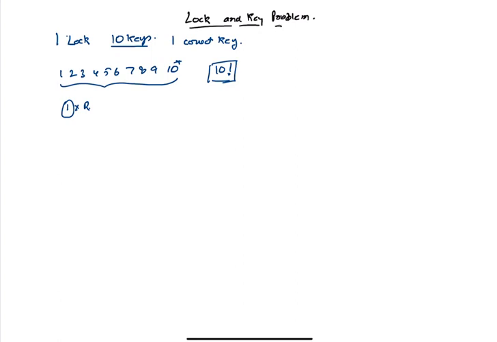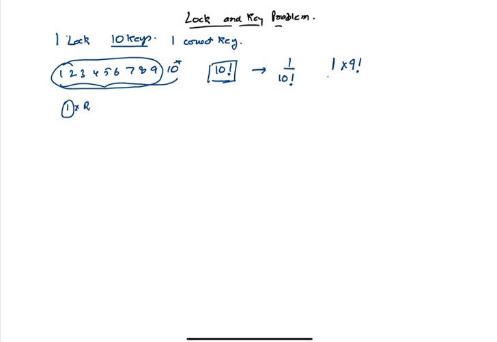So what is the probability of one particular arrangement? That would be 1 over 10 factorial. And what is the probability that I will succeed in the first try? The number of ways is 1, because there is only one correct key, but then there are 9 factorial ways in which you can arrange the other 9 keys.